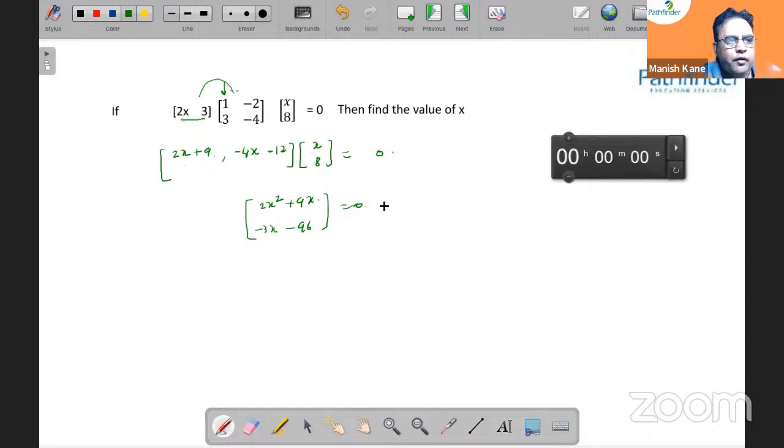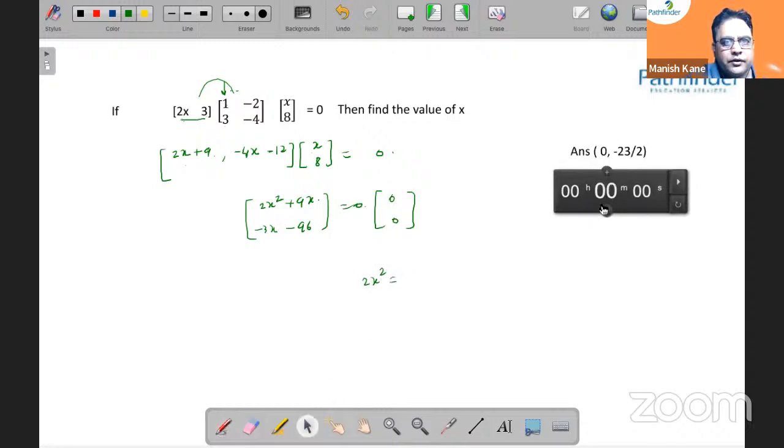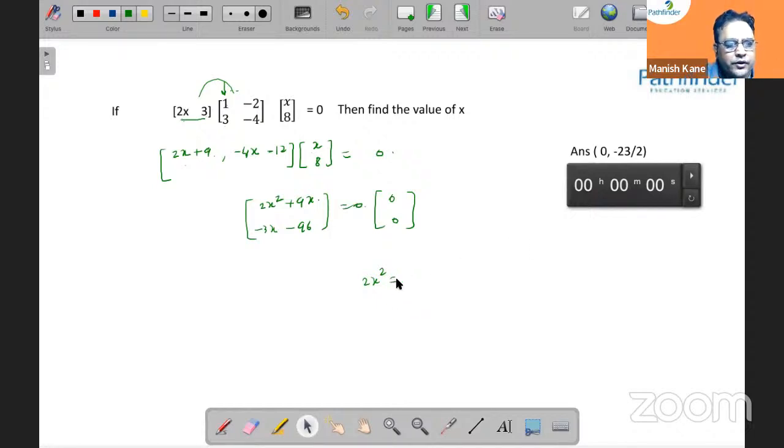So now what? Each of these elements must be 0. So 2x square must be equal to 9x, right? Or let us say, x into 2x minus 9 is equal to 0. X is equal to 0. Have you understood this?